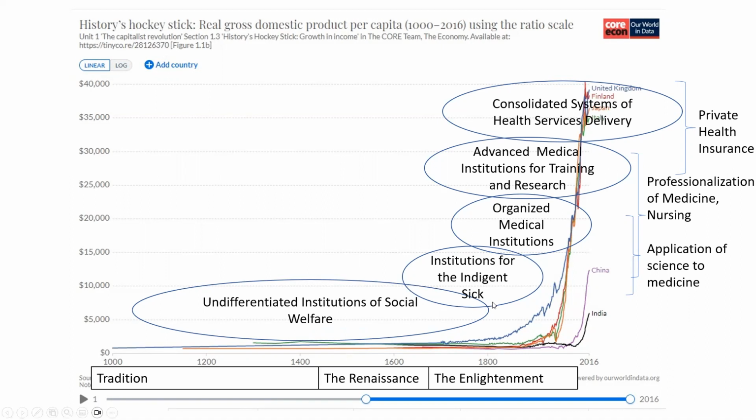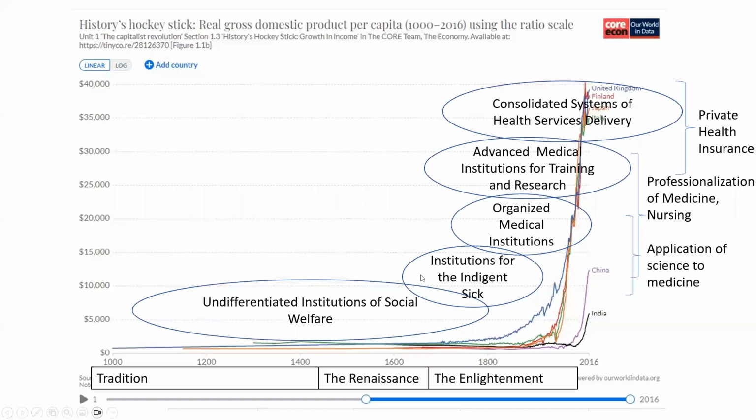It wasn't really until the Industrial Revolution and our accumulation of wealth, because these lines here represent the amount of wealth that we have. It wasn't until we started to see the explosion of wealth in the 1750s, with the advent of the Industrial Revolution, the beginning of the Enlightenment, the acceptance of science and the application of science to medicine, that we really start to see institutions for the indigent and sick separating out from institutions for homeless people or just poor people, right?